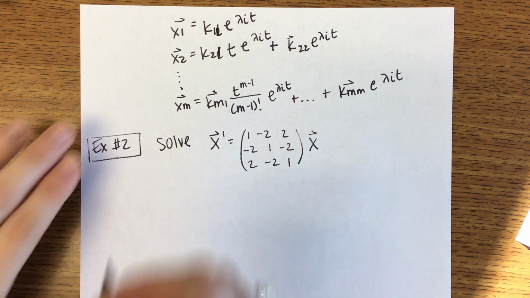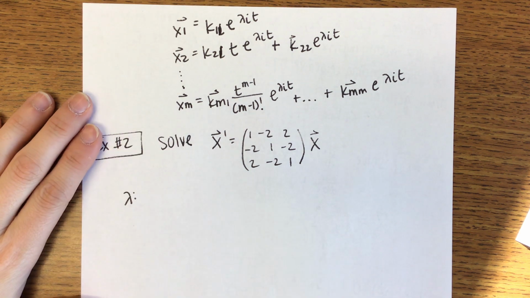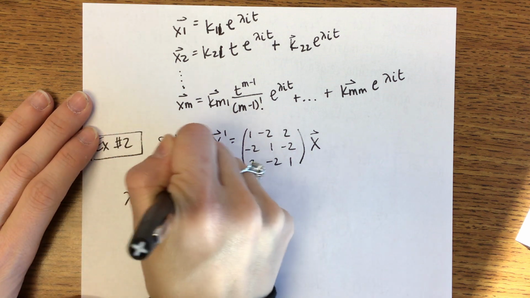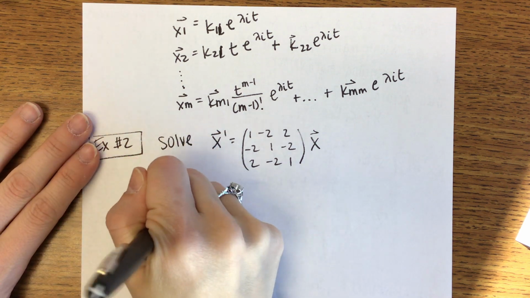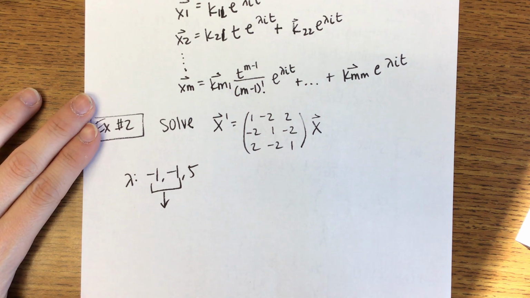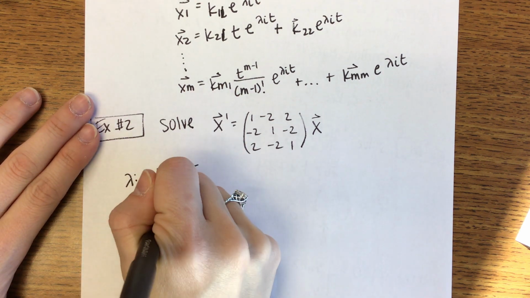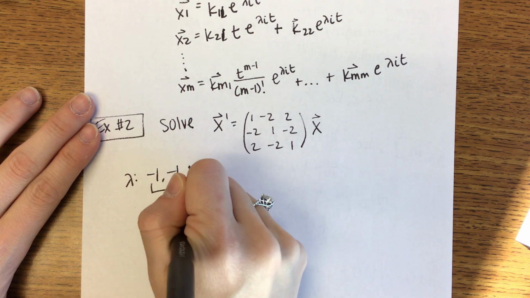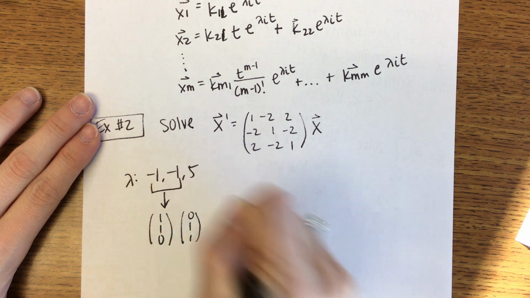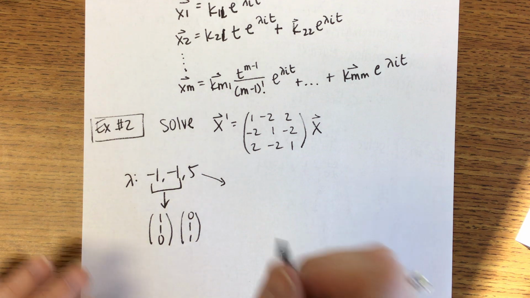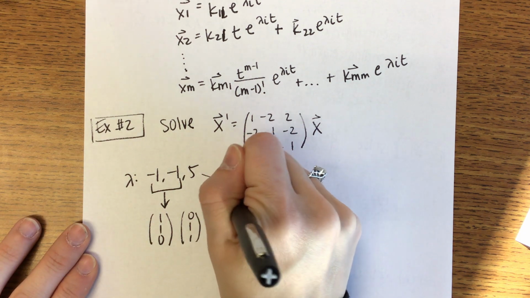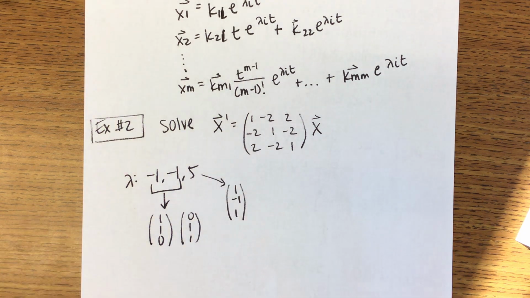Here are your eigenvalues: -1, -1, and 5. The -1 gives you 2 different eigenvectors. The first one is 1, 1, 0. The second one is 0, 1, 1. 5 gives you the eigenvector 1, -1, 1.